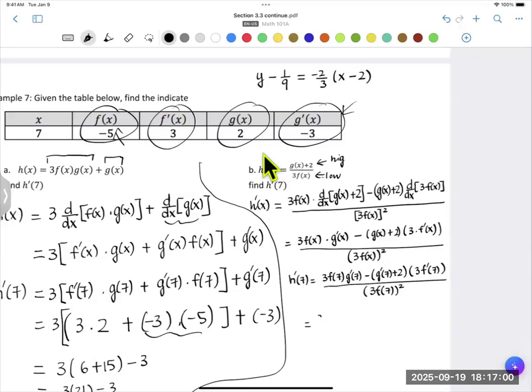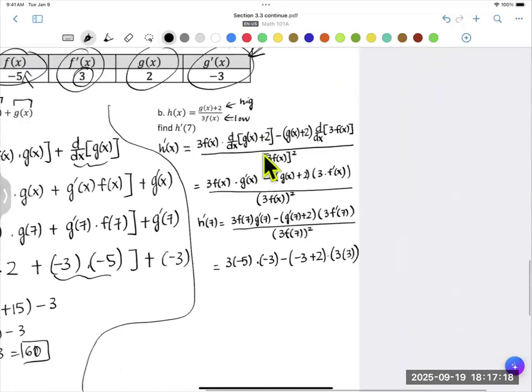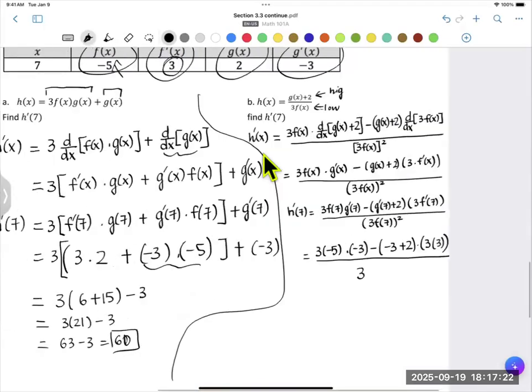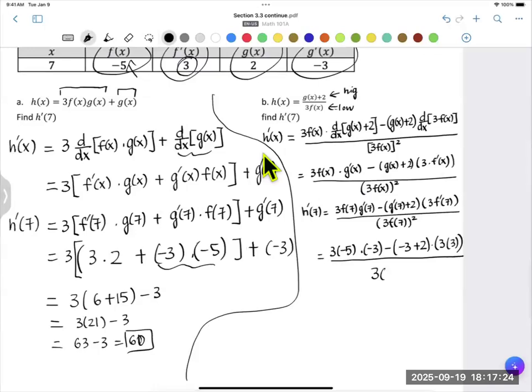So 3 times -5. g prime of 7 is -3. Minus g of 7 plus 2 times 3. f prime of 7 is 3, so 3 times 3. All over 3 times f of 7, which is -5, and then squared.